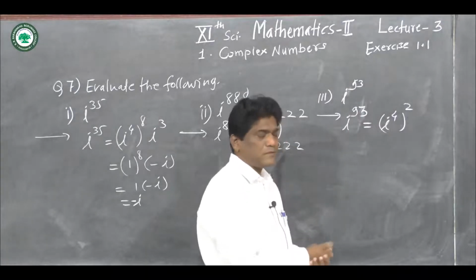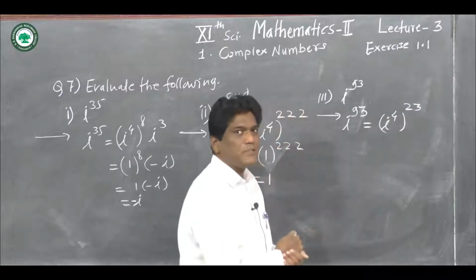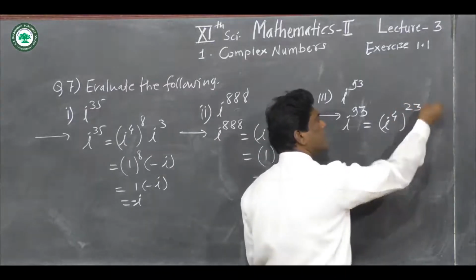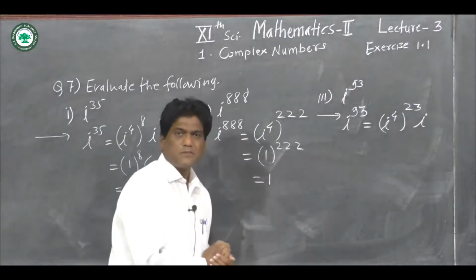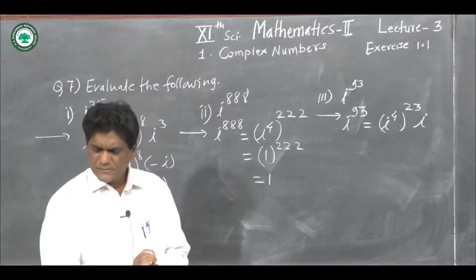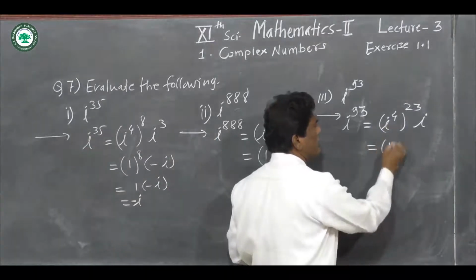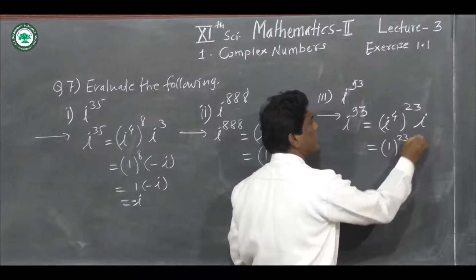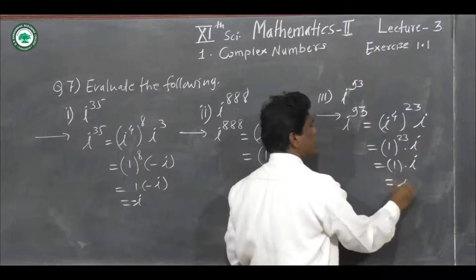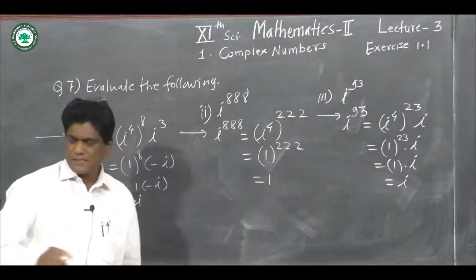So 4 3s are 12. So 1 is the remainder. So we write here i to the power 1. There is no need to write the power as 1. Get it? And now here i to the power 4 is 1. So 1 to the power 23 into i, and 1 to the power anything is equal to 1, into i. So it is equal to i. In this way we get here i to the power 93 as i.